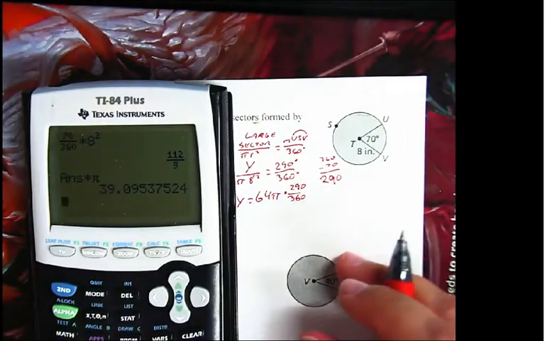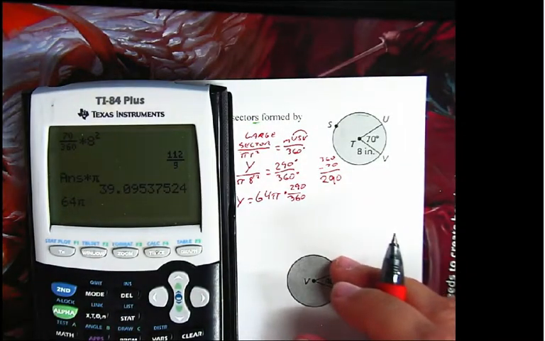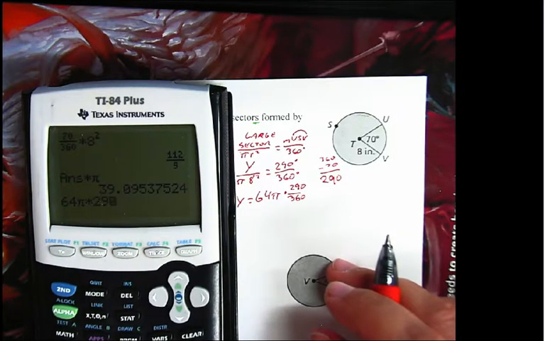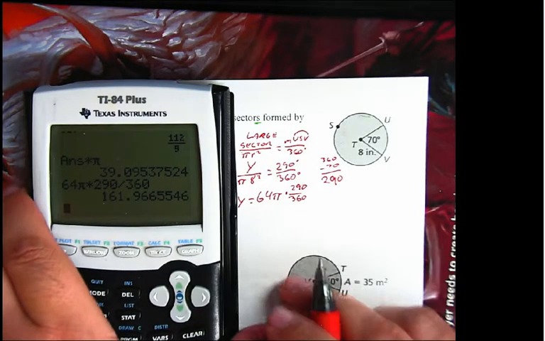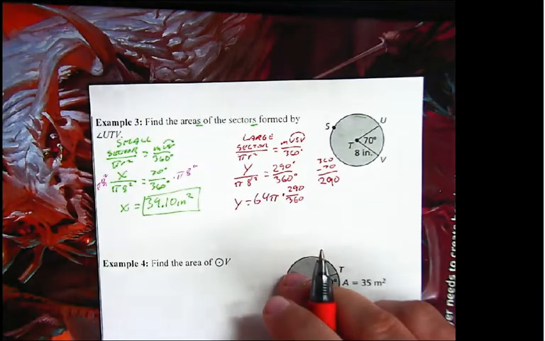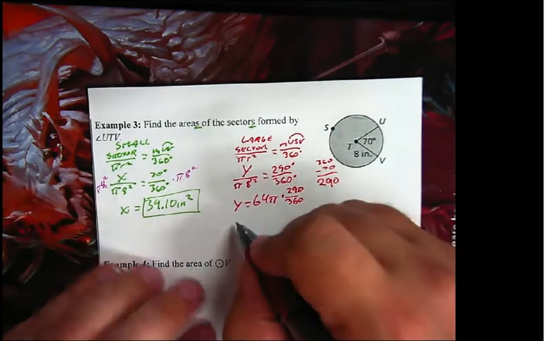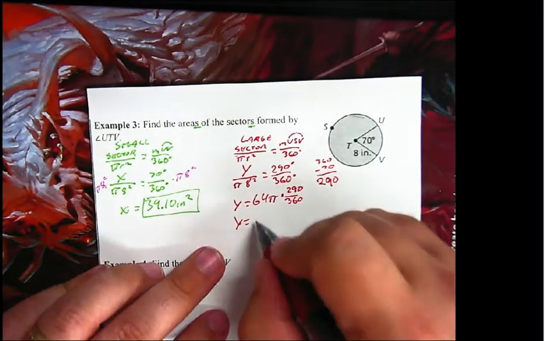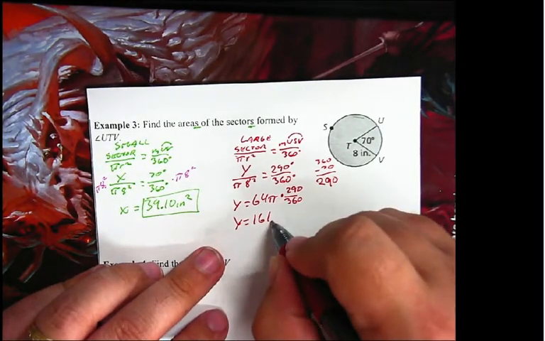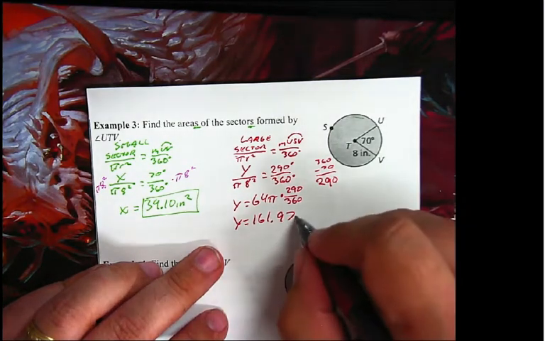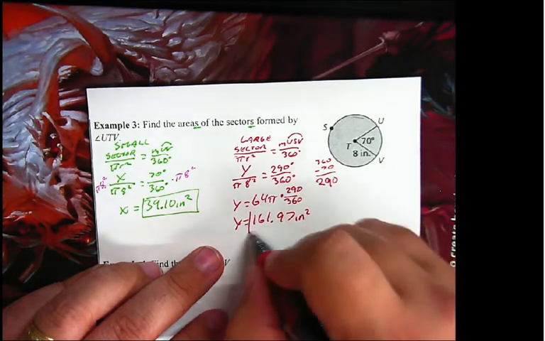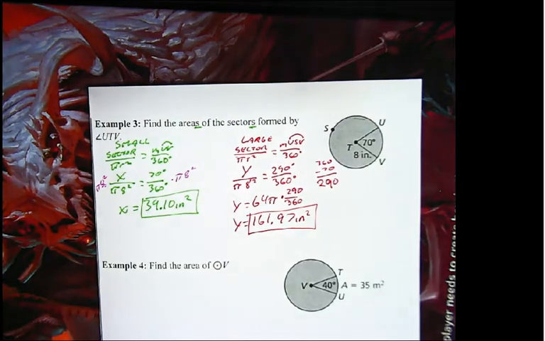And I'm going to just type this all straight in, just so we can see it another way. 64 pi times 290 divided by 360, and we get 161.97. Okay, so y equals 161.97, and this is still inches squared. And there's the large sector.